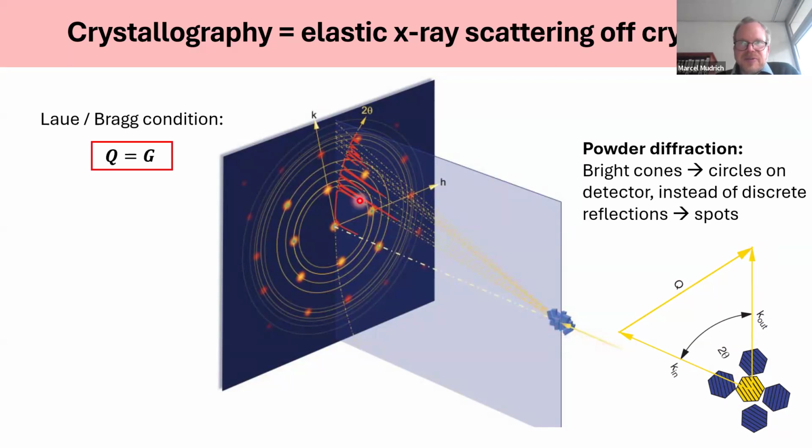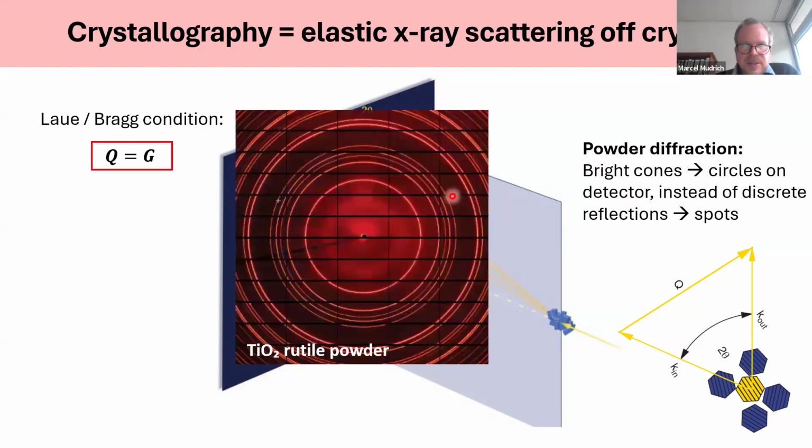But this happens for any azimuthal angle here. So in the end, we get bright rings, not bright peaks. And so we get scattering patterns that look more like this.